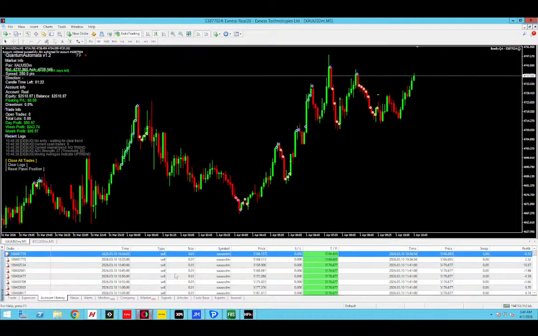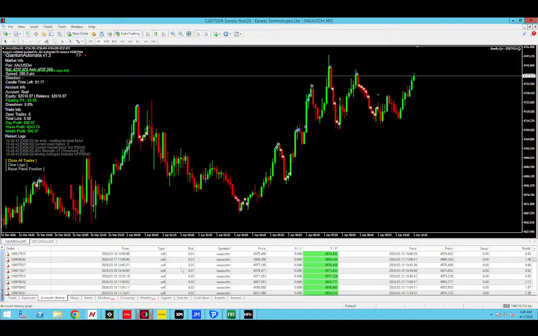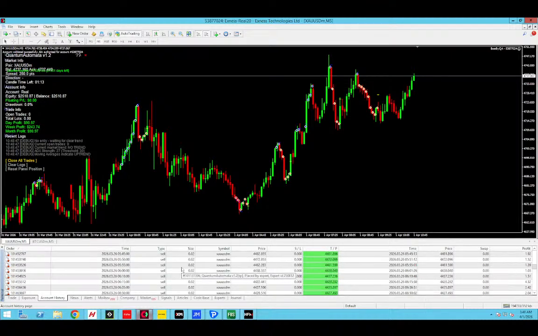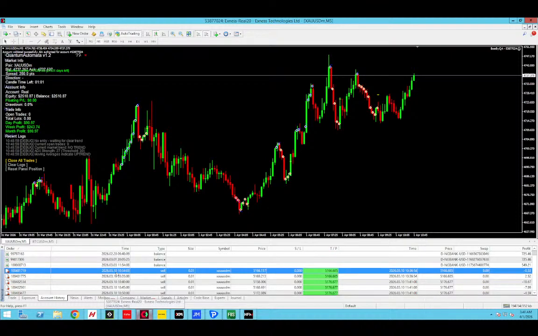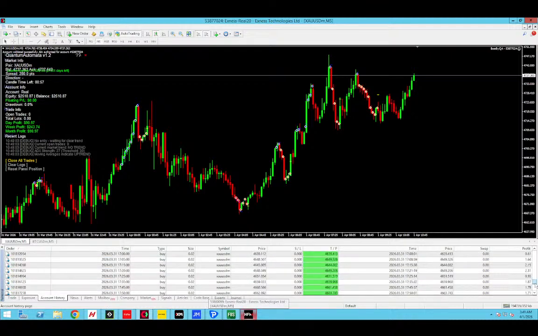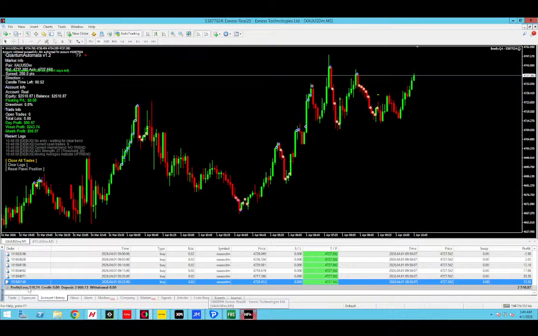We have 0.01, 0.01, and on the 25 account, and then we modify to 0.02. We modify to 0.02, and I think we're going to stick with 0.02 for now. So this person deposited 2,000, and between the 10th of March up till this morning, April 1st, he made 510 profit.